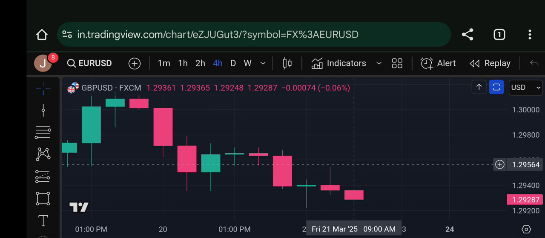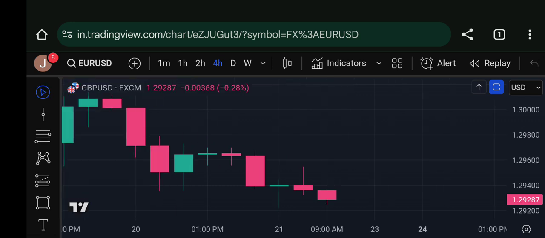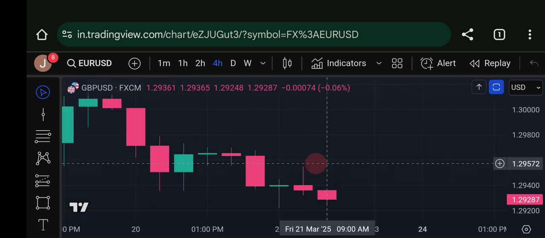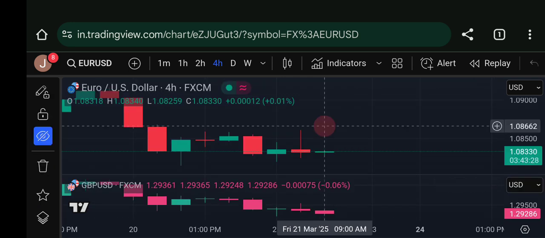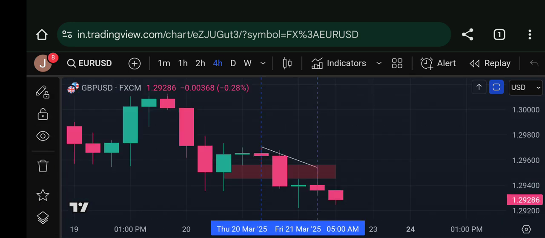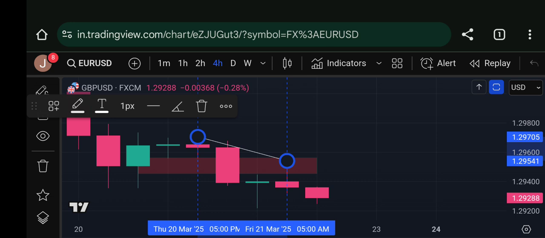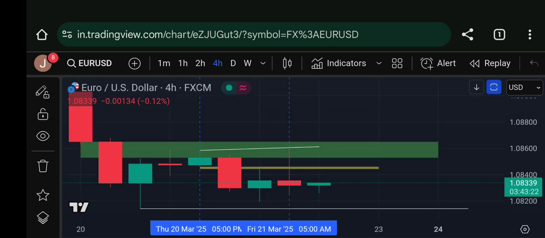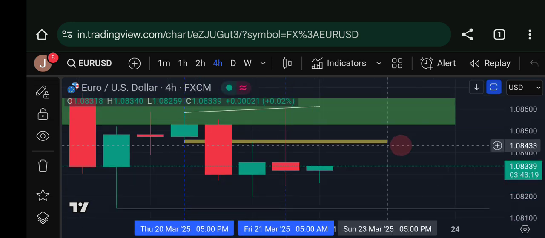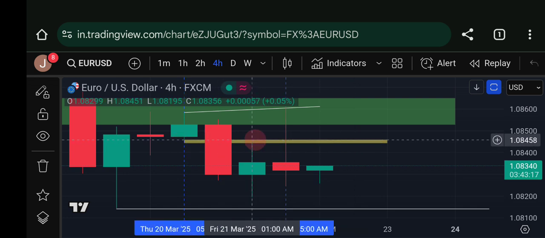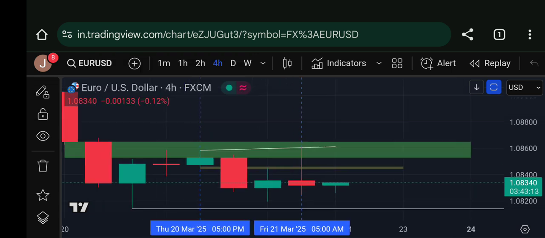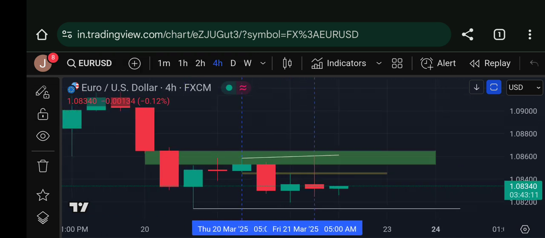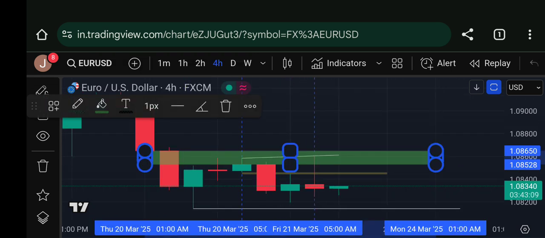Here we can see the demonstration. Price entered into the fair value gap and now is moving lower, whereas here we can see that price made a lower low plus additional SMT, whereas price made a higher high here by disrespecting this bearish fair value gap here, guys. There is a fair value gap here, and price entered into the main fair value gap here, guys.